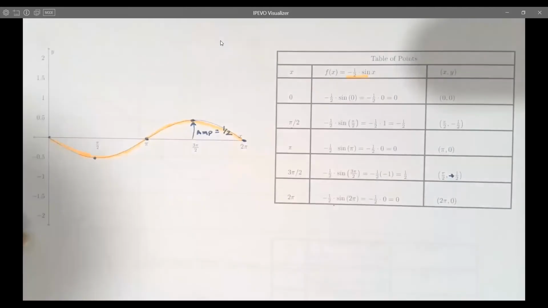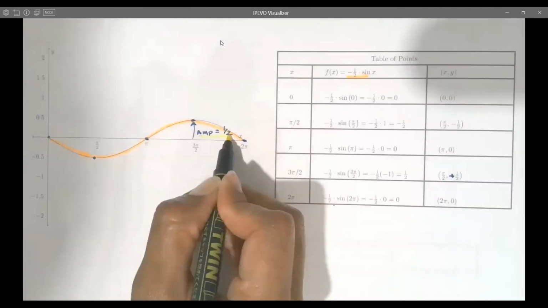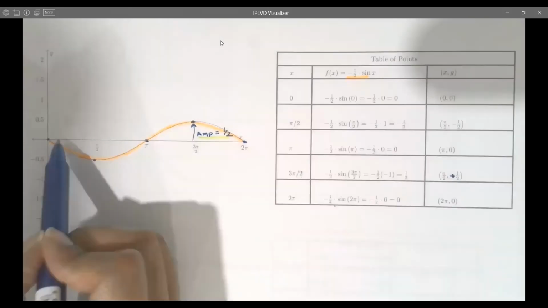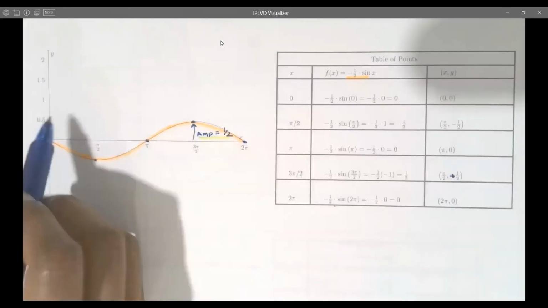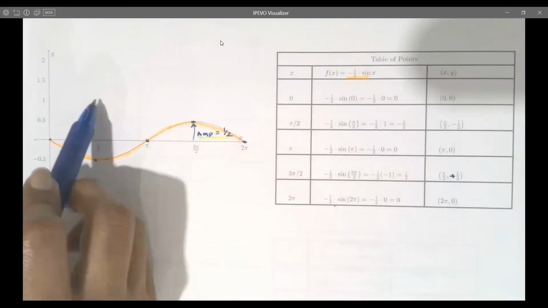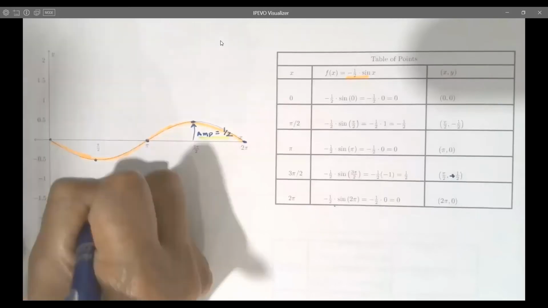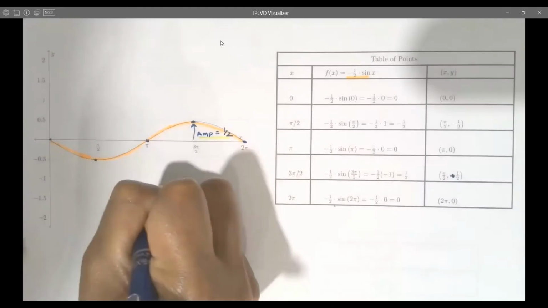That's the first thing. The other thing that changed is the fact that it reflected about the x-axis. Normally it goes up, but in this case we're going down first and then up. So there is also a reflection about the x-axis.